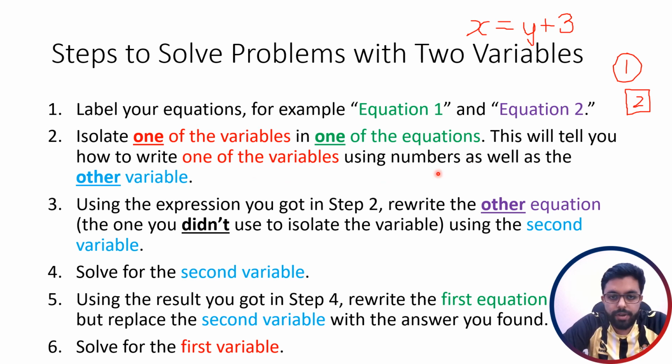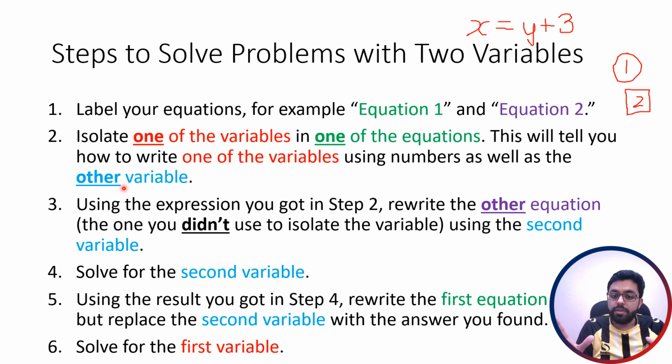And so that's what's going on with all the colors here. Suppose you're isolating for one of the variables, we'll call it x, here it's the red one, in one of the equations. That tells you how to write that same variable using numbers and the other variable. Here I'm trying not to use x and y because I don't want you to think that you have to isolate x or that you have to isolate y, or a or b or whatever.